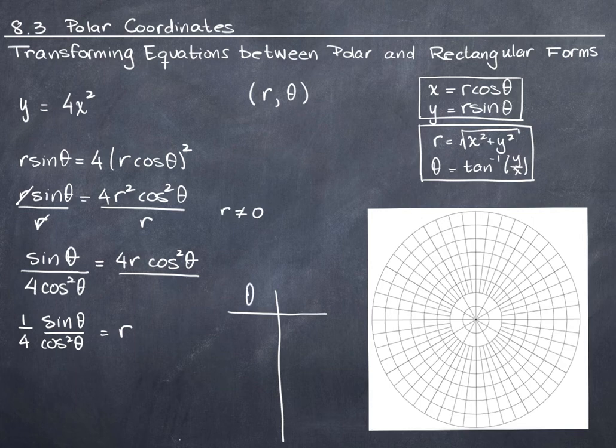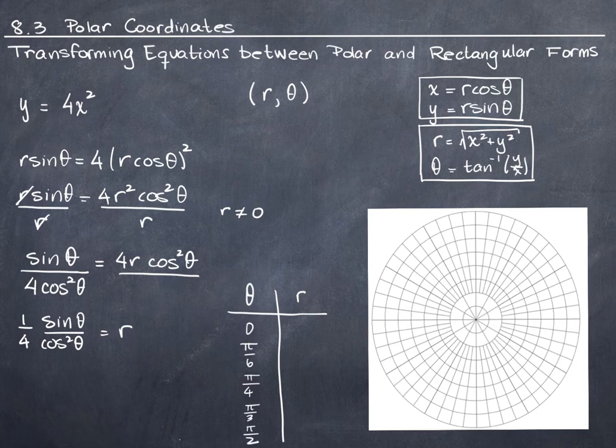I'm going to start by making a table of values. You won't always need this, but since we're just learning this, it might be handy. A table of values where theta is my input and r is my output. So let's pick some common values of theta: 0, pi over 6, pi over 4, pi over 3, and pi over 2.